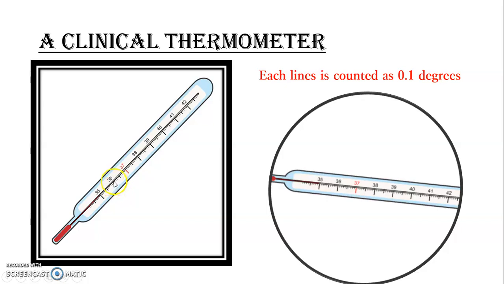If you continue, 36.1, 36.2, 36.3, 36.4, and 36.5, 36.6, 36.7, 36.8, 36.9, and 37. So that's how you keep reading the temperature of the object using a clinical thermometer, where each line is counted as 0.1 degrees.